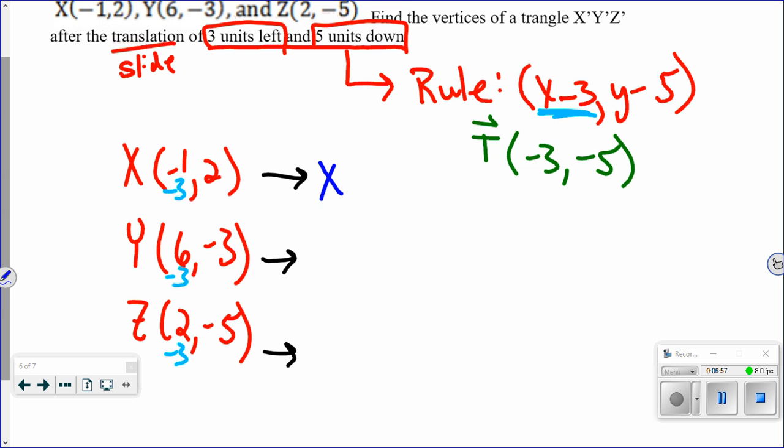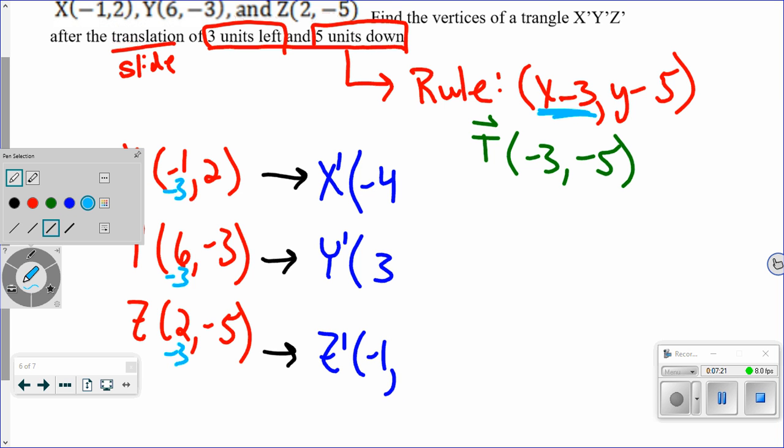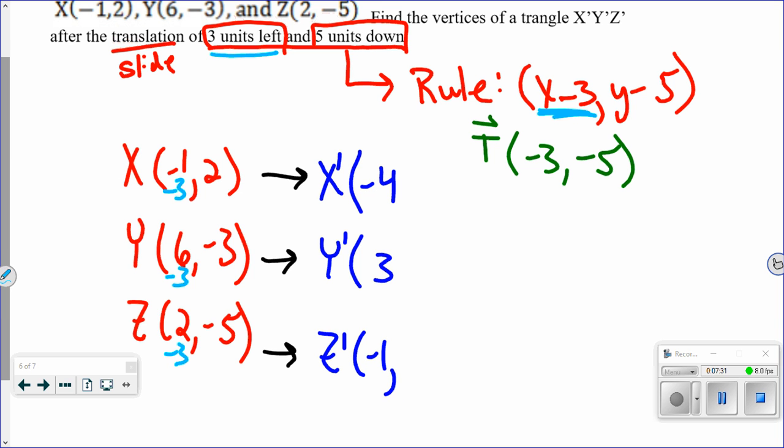That means x prime: -1 minus 3 is -4. For y prime, 6 minus 3 is 3. And for z prime, 2 minus 3 is -1. So again, 3 units to the left just means to subtract 3 from all the x values, because left indicates the x variable.